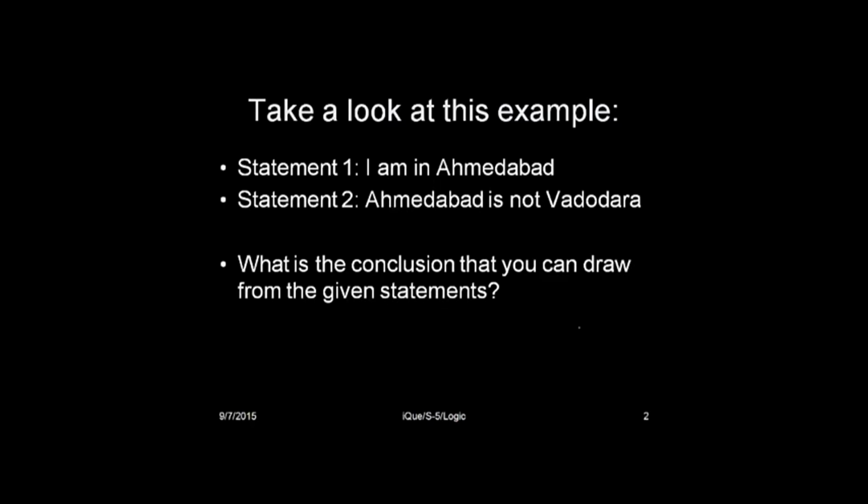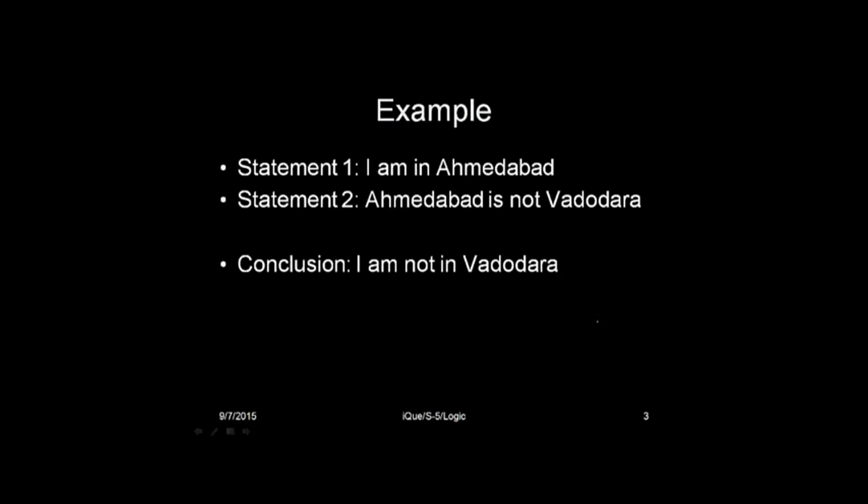Now, if I may ask, given that these are facts and they have to be taken to be true, what is the conclusion that you can draw from these statements? If you take your time and think about it, then I'm sure most of the students would be drawing pretty much the same conclusion. And that conclusion is that if I am in Ahmedabad and Ahmedabad is not Vadodara, then the conclusion is that I am not in Vadodara.